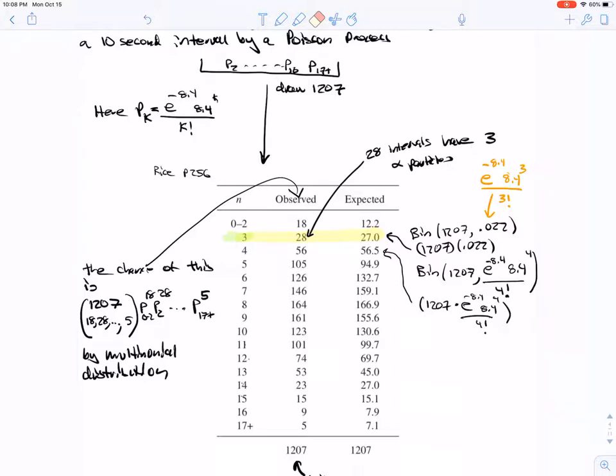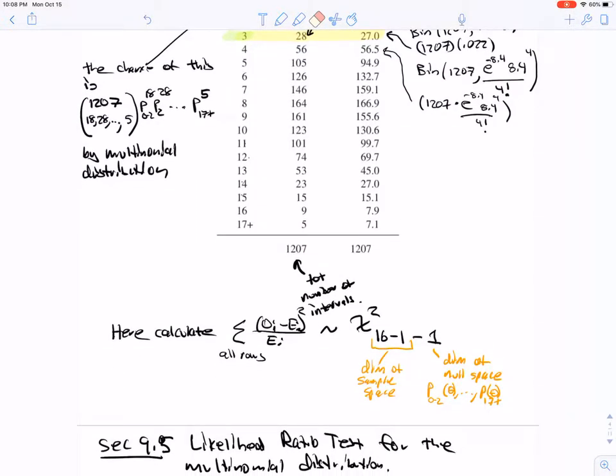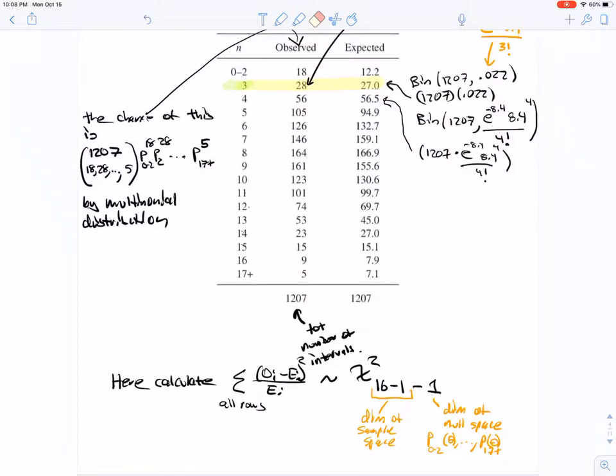Each of these xi's is binomial with n and pk, and pk is given by my Poisson formula. So I was able to compute the expected column, and then we can look at a chi-square test statistic to see how close the observed and expected counts are.